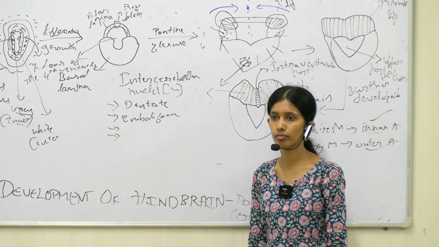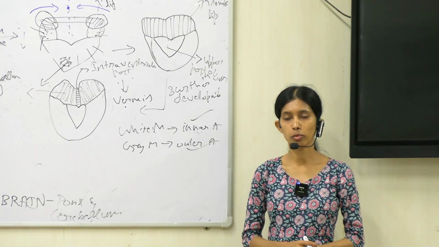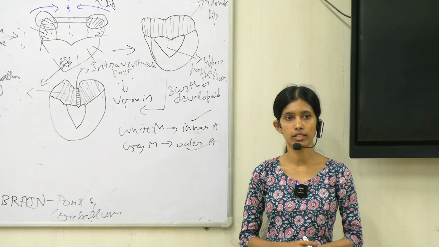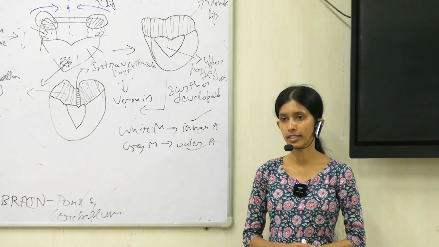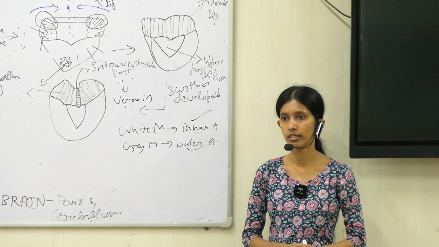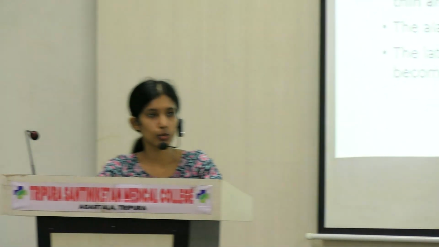Dentate, emboliform. What about the other two nuclei you see in the cerebellum? Dentate, emboliform, followed by fastigial, and one more, or fastigial.